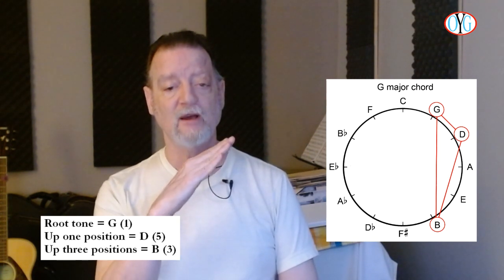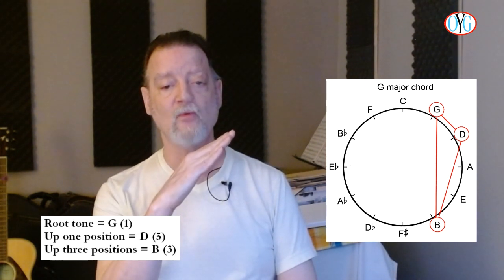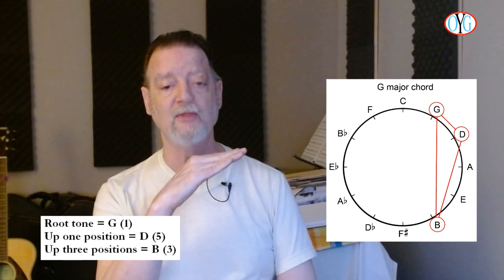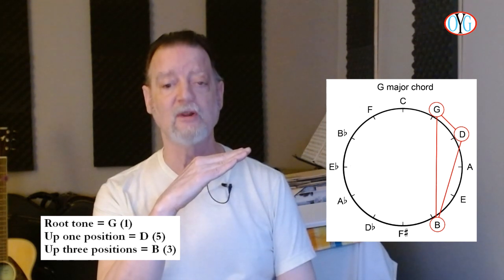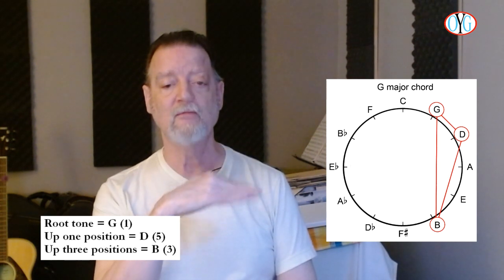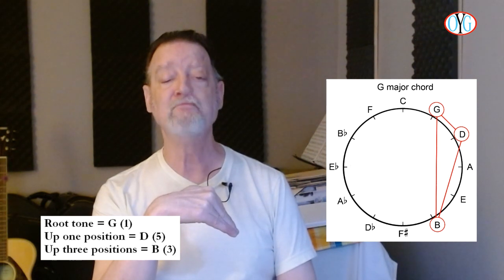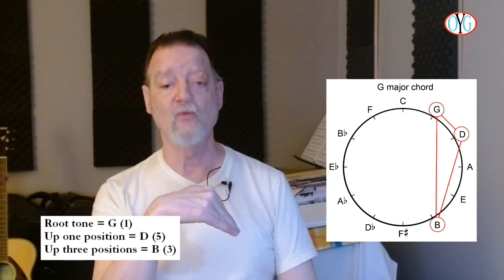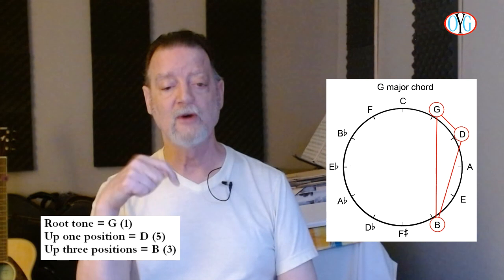From your root tone, G, go up 1 position on the clock, from 1 o'clock to 2 o'clock. 2 o'clock is the D tone, which is the 5 tone of the chord. Go up 3 more positions on the clock to 5 o'clock, and you see that's a B tone. So we know that is the 3 tone of the G major chord, following the equation.